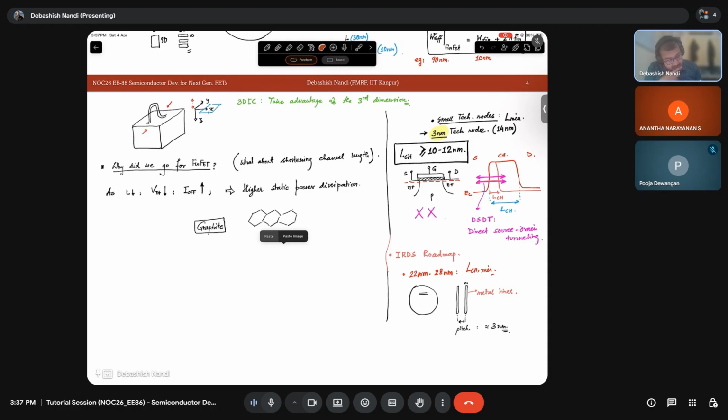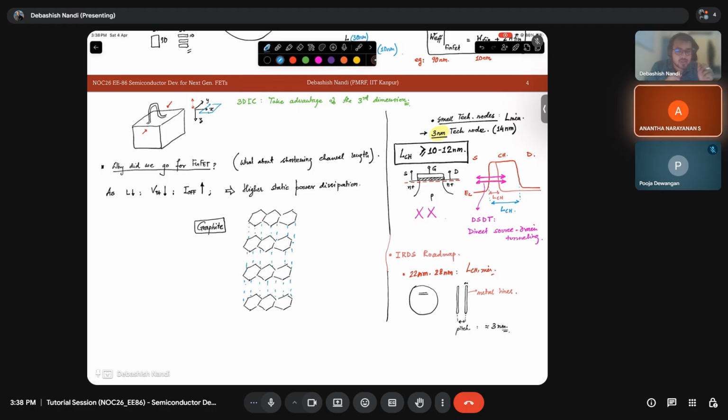If you copy this, there are multiple layers of this, and those are connected, a little bit shifted, basically connected vertically. If you touch the pencil lead, what do you see? It is slippery, right?